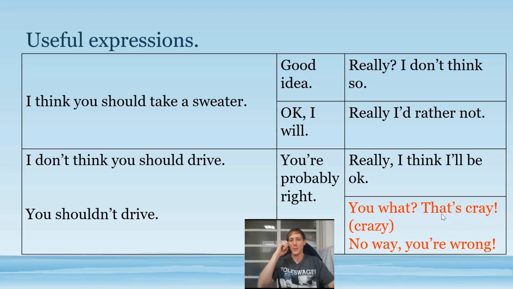Now, this red one is for friends only. If you say this to a stranger, remember, you might get a free punch, like pong, pong, like that, because it's rude. So say these ones only to your friends. So you say to your friends, you shouldn't drink soju. Then they'd be like, you what?